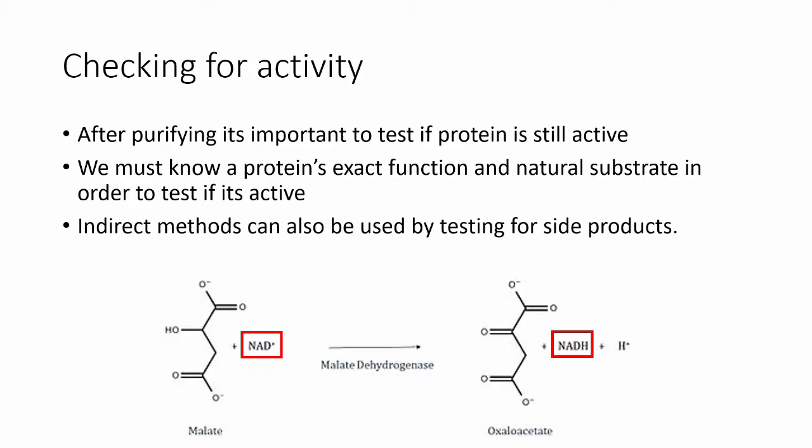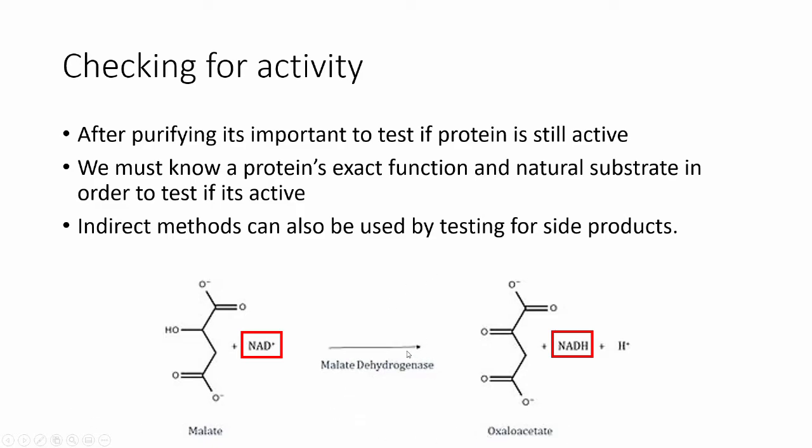So here I kind of have the example of malate being converted to oxaloacetate using malate dehydrogenase. So measuring the actual conversion of malate to oxaloacetate is pretty difficult. Normally we like to use a spectrophotometer, but we can't see this conversion.